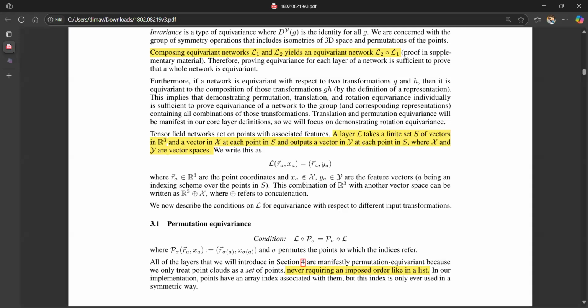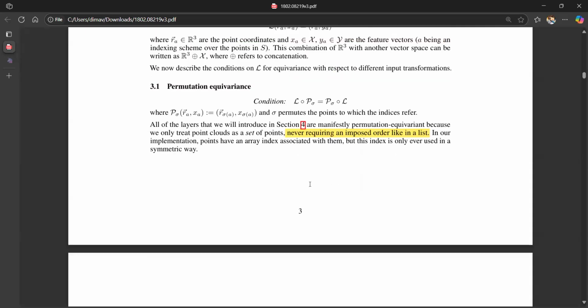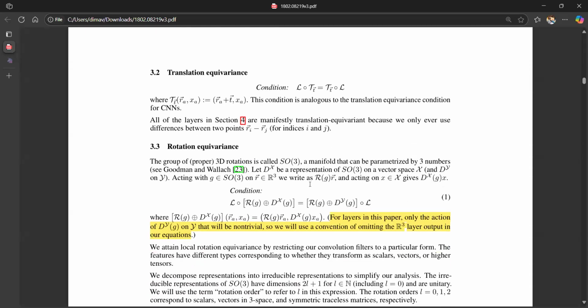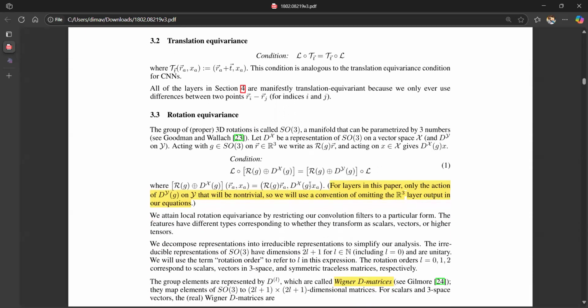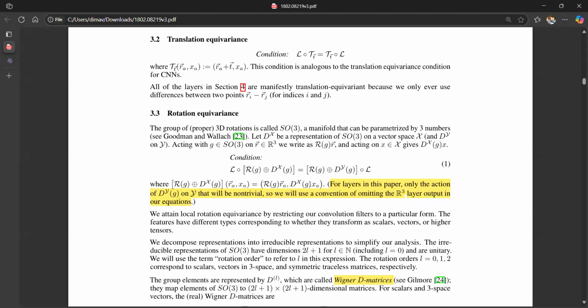The data points are these vector fields where you have vectors from R3. They consider different cases: translation equivariance, rotation equivariance, and even more complex cases.